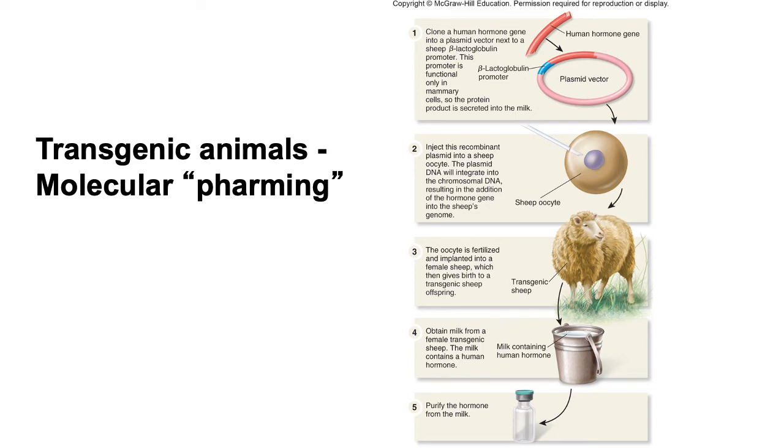So this is sometimes referred to as molecular farming, generating some sort of pharmaceutical from a transgenic animal. And we also can use transgenic animals to help us treat disease, help us look at various animal models of disease, and we'll look at that in the next slide.